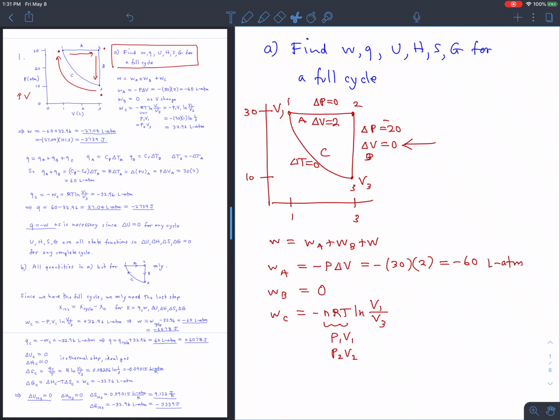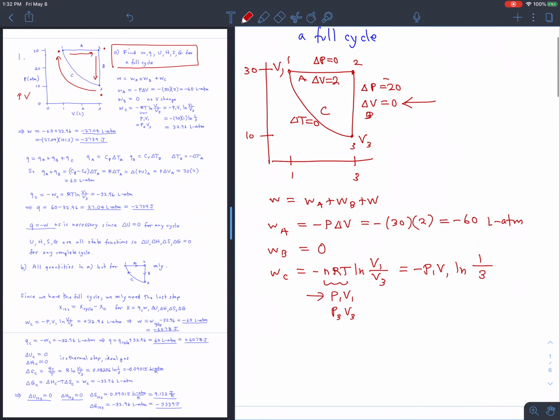If you do any of those, you'll see that they give the same answer, and that's because it's an isothermal process. And so I'll use P1V1. So that's equal to minus P1V1 log of V1, which is 1 liter, over 3 liters for V3. P1 is equal to 30 atmospheres. V1 is equal to 1 liter. So that's equal to minus 30 liter atmospheres log of 1/3.